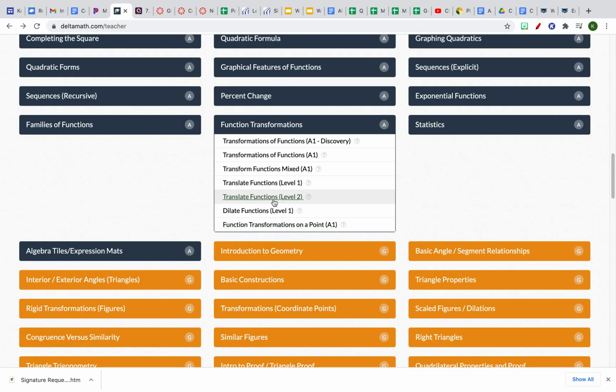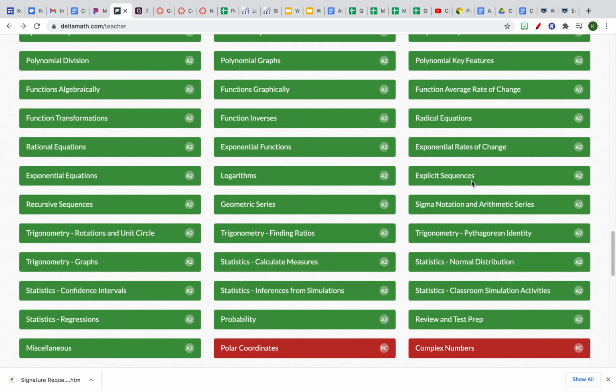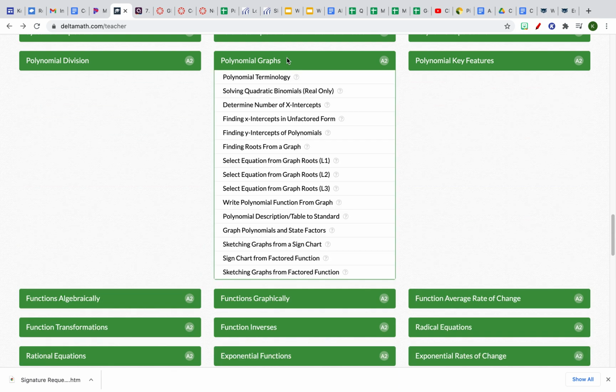So your level 2, you're just kind of getting a little more difficulty.